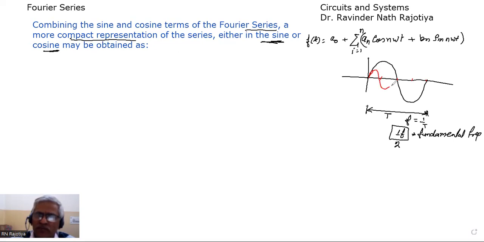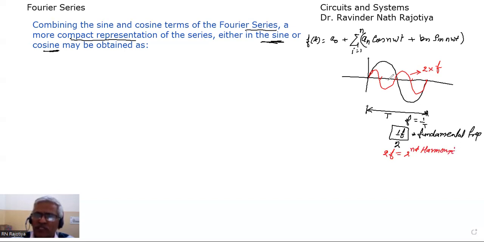Let me draw here itself, 1, 2, completing 2. So this signal is of twice the fundamental frequency. This is known as the second harmonic. So if the frequency is 2f, this is known as the second harmonic.